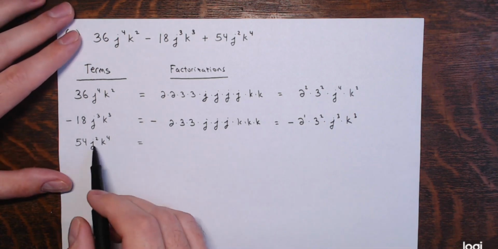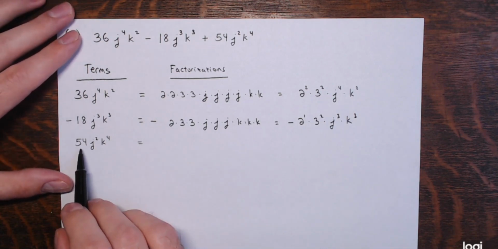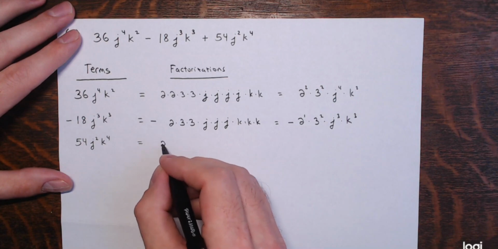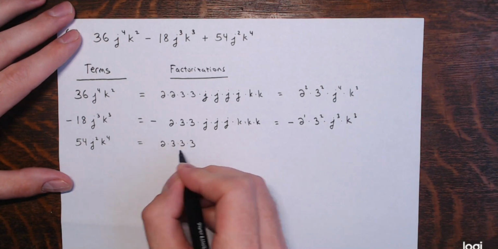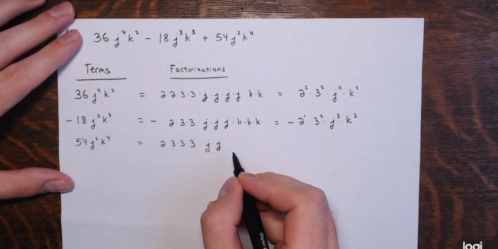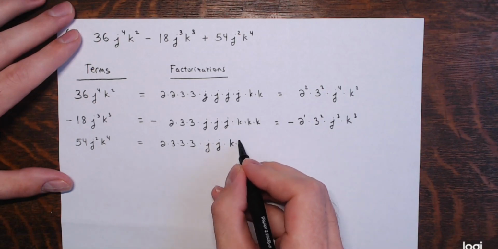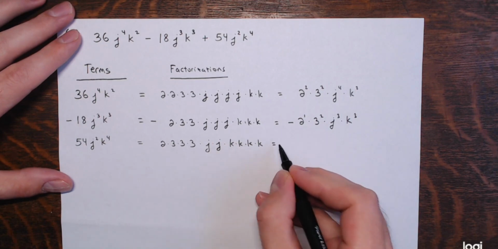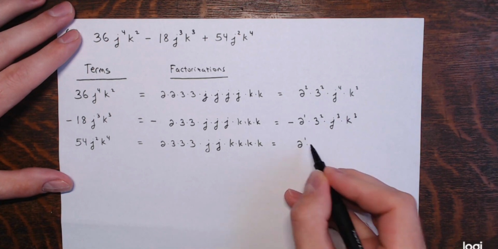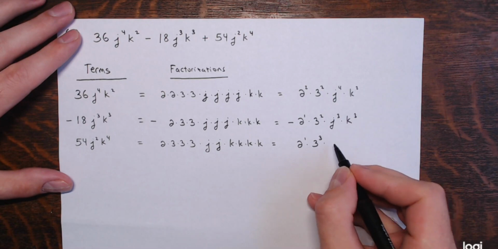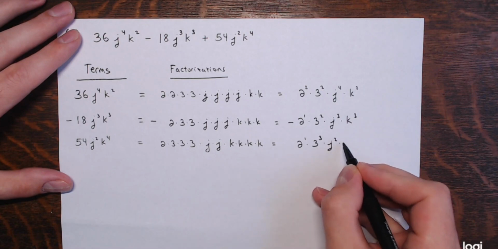And then the final term, now 54 is 2 times 27, and 27 is 3 cubed, 3 times 3 times 3. So this is 2 times 3 times 3 times 3, that's 54. And then j squared, so times j times j. And then k to the fourth, times k times k times k times k. Or, 2 to the first times 3 to the third times j squared times k to the fourth.